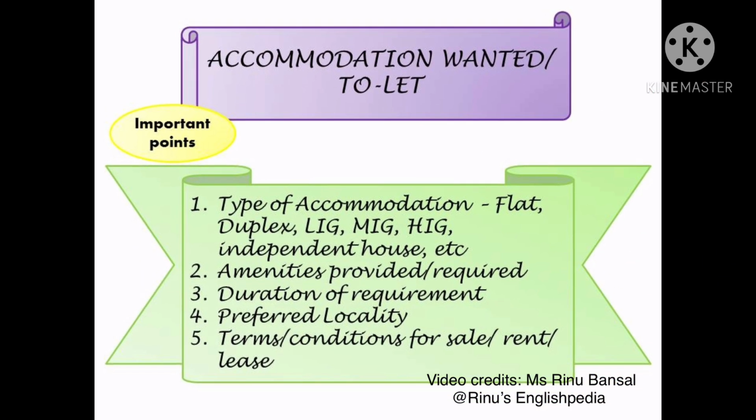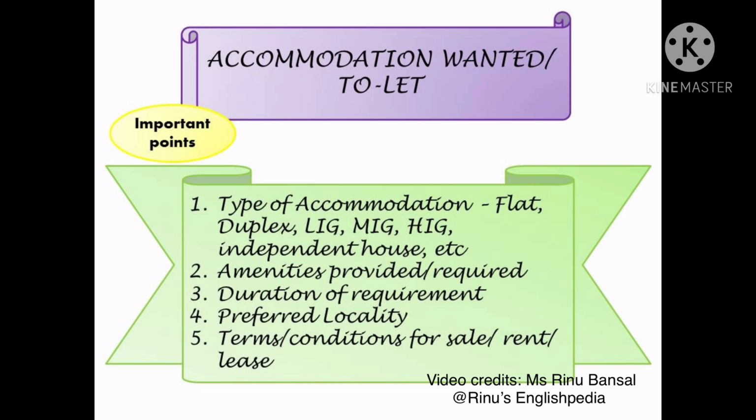This brings us to our next type of advertisement, which is related to accommodation. For example, Accommodation Wanted, To Let, Flat for Sale, and all other such advertisements. In these types of advertisements, you should talk about the type of accommodation you are offering, whether it's a flat, a duplex, an LIG flat, a MIG flat, an HIG flat, an independent house, or any other.